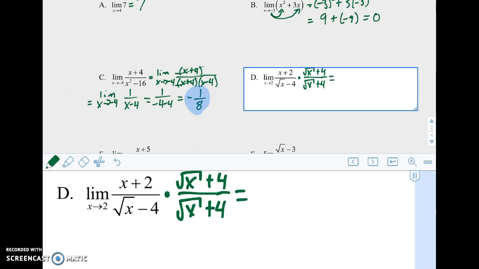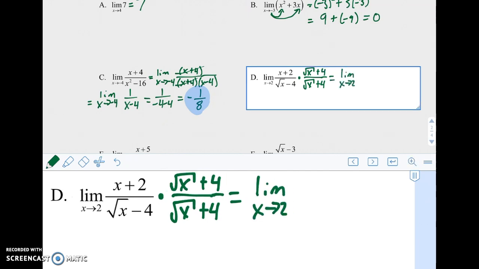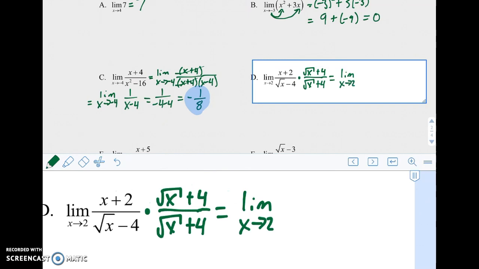And when you multiply this out, essentially what's going to happen is that the denominator, the two terms will just simply square. So you have the square root of x squared, which is just x, and then you have 4 squared, which is 16.